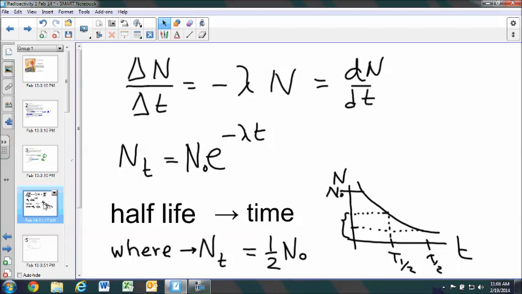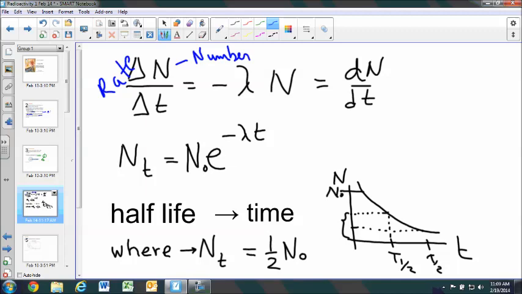So you can write an equation where you say that the rate of the reaction, this would be the rate of the reaction, when you have how many nuclei are changing in time. So you have, this would be, N would be the number of nuclei, right? And this would be, of course, the time.